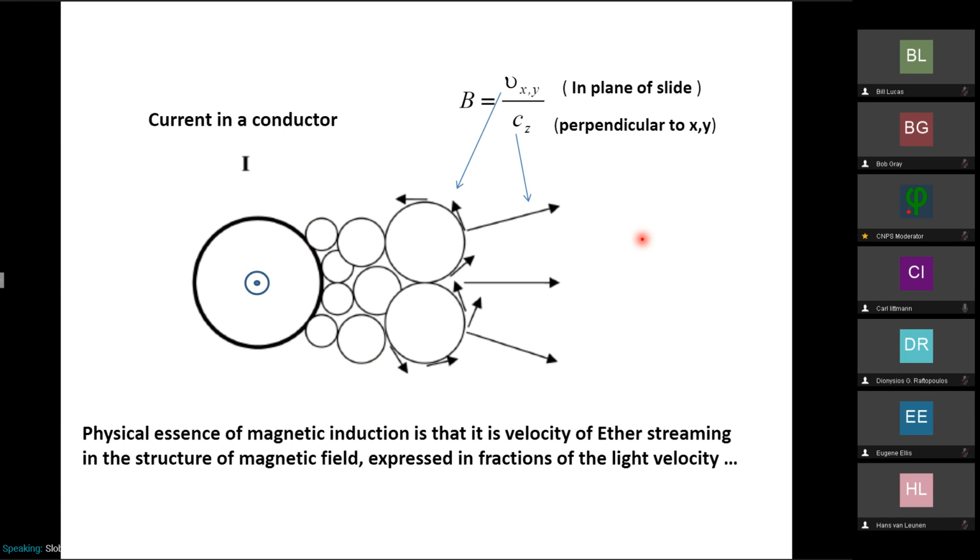What is interesting is that the electric field is related to the velocity itself. The magnetic field turns out to be related to the ratio of the velocity of the flow in the circular direction to the velocity of light, so just a plain number. Essentially the magnetic field is the ratio of those two velocities.